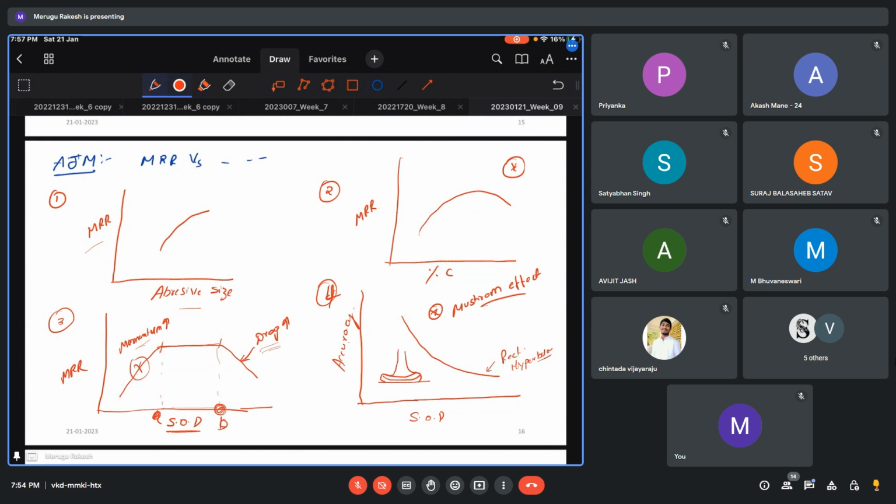So due to this mushroom effect or diverging effect, the accuracy of this machined part will decrease. If I want to cut only this much, I am getting a bigger cut initially, but further on I am getting only this much. So in that case I am losing some of the accuracy.